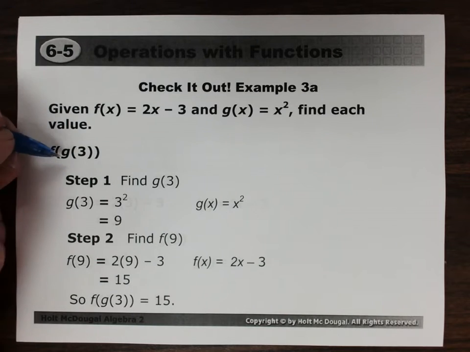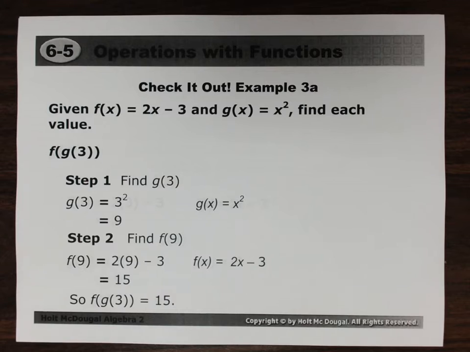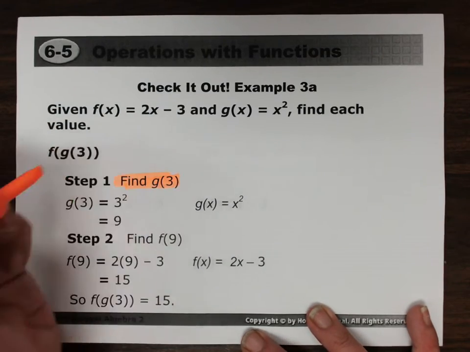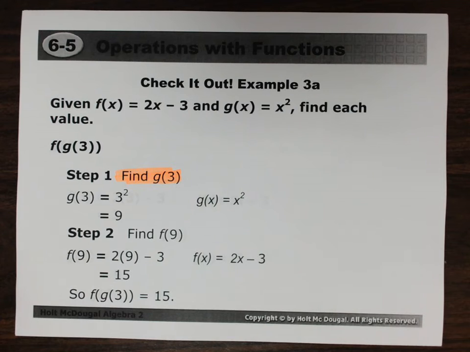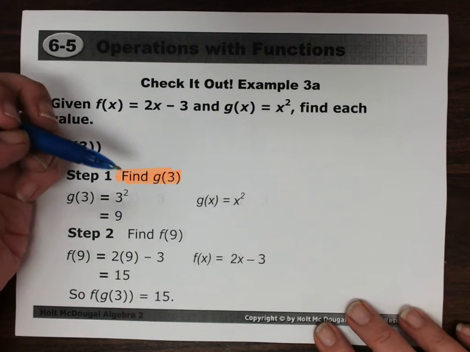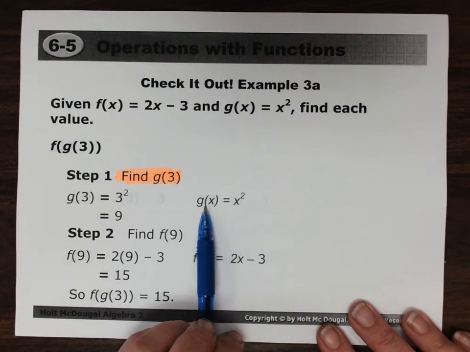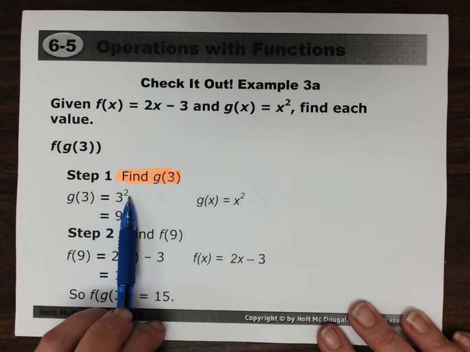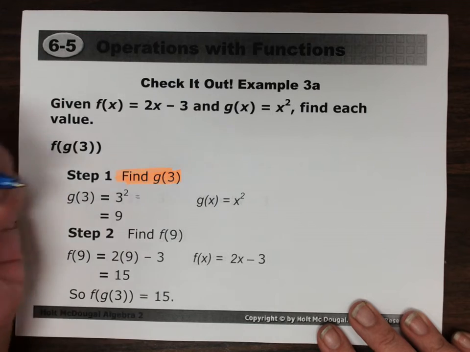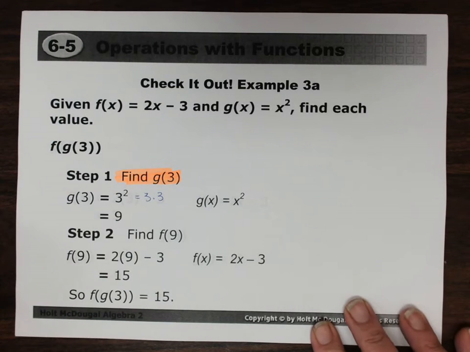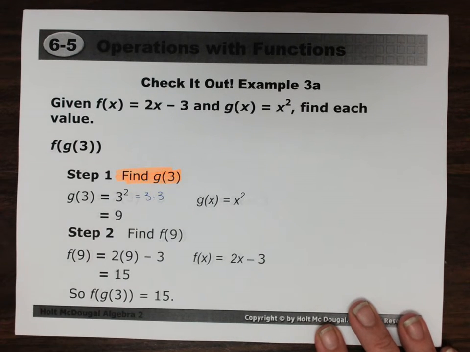Again, remember the first step is to find g of 3, so we can replace g of 3 in the composition notation with the value we want to plug into f. If I plug 3 into my equation for g of x, I get 3 squared. Again, that's not 3 times 2, that's 3 times itself, so 3 times 3, and we get 9.